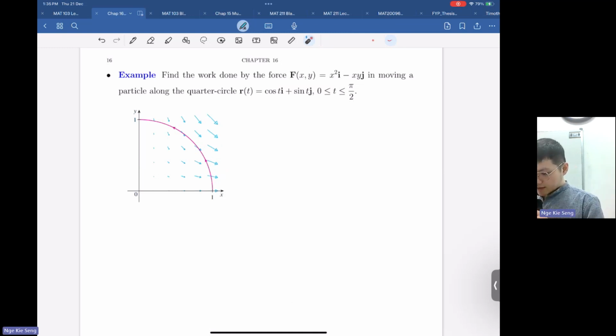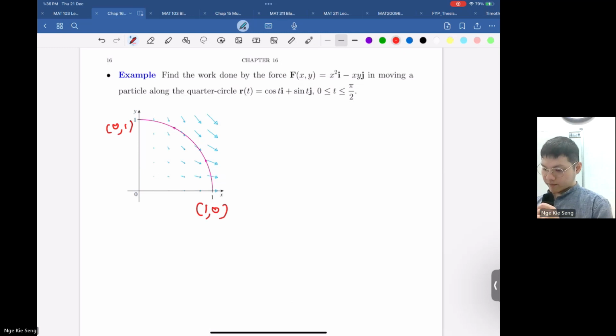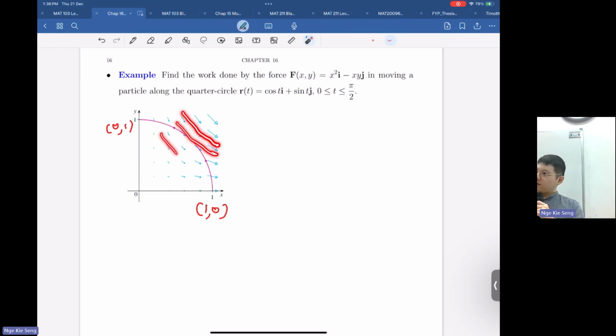And then you want to see what's the work done by the force in moving a particle along the way from (1, 0) to (0, 1). This one is a bit tricky: the force is going downward, but the movement is going upward.